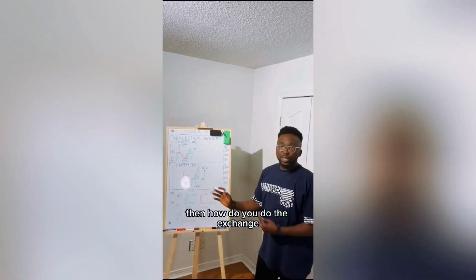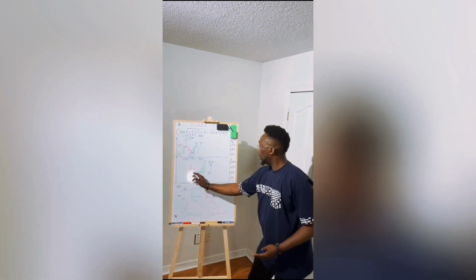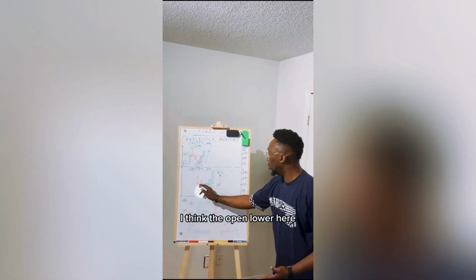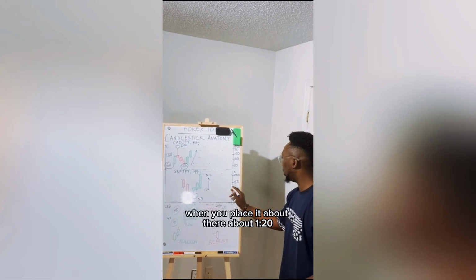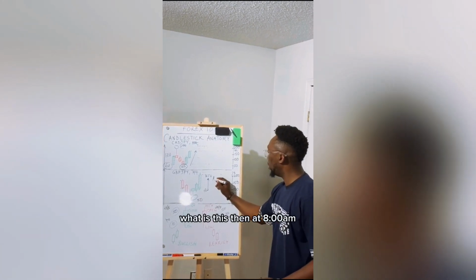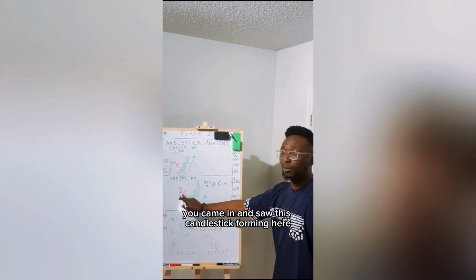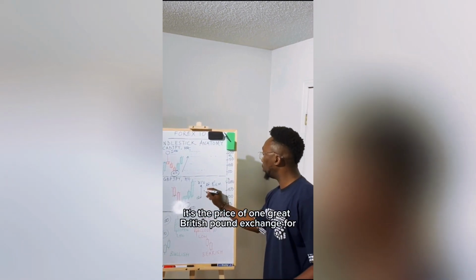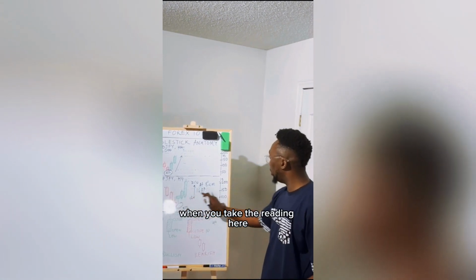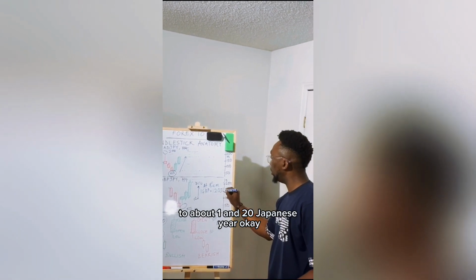Now, how do you do the exchange, the mathematics? At this point, let's say the first candlestick in the morning, I think it opened lower here. When you trace it, it's about 120. What this is telling you is, at 8 a.m., let's say you came in and saw this candlestick forming here. The price of one Great British pound exchanges for, when you take the reading here, about 120 Japanese yen.